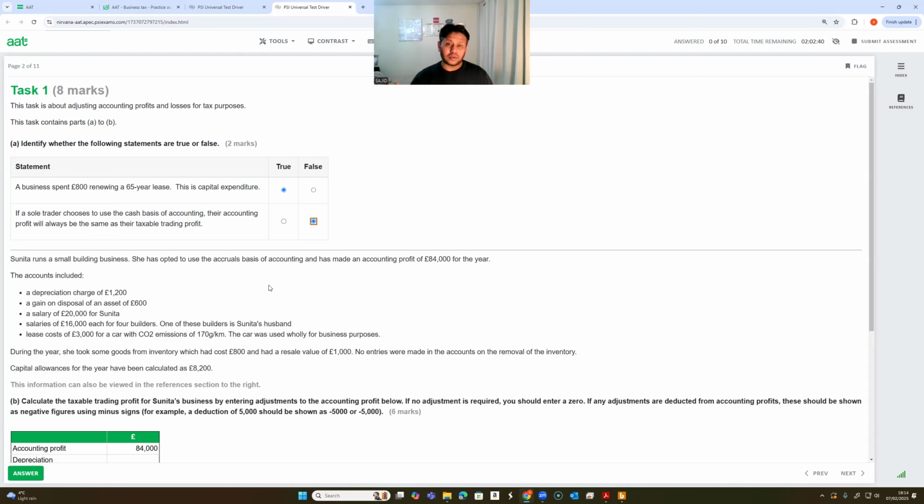The difference is that the accrual concept is not relevant to the cash. Either you paid or not, either you received from the supplier or the customer or not, you still have to record it. But the cash basis means I'll only record if I paid my supplier, I'll only record if I received from my customer. If this is the case, remember that we still need to do the adjustment. It doesn't matter which basis I follow, it's not necessarily true that my accounting profit and the taxable profit will be the same. You still need to make the adjustment anyway.